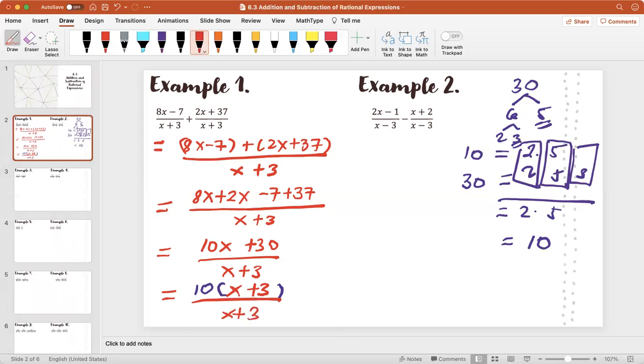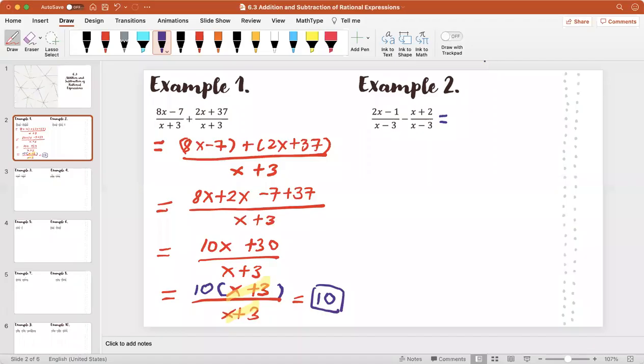Now let's do our favorite thing here, maybe cancellation. We cancel x plus 3. And so our answer is simply 10.